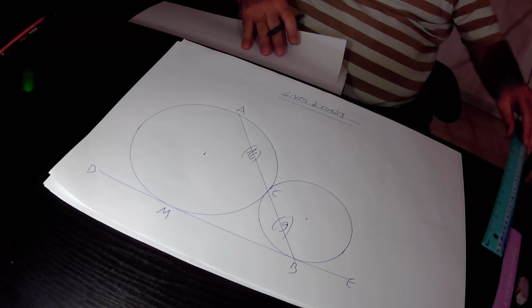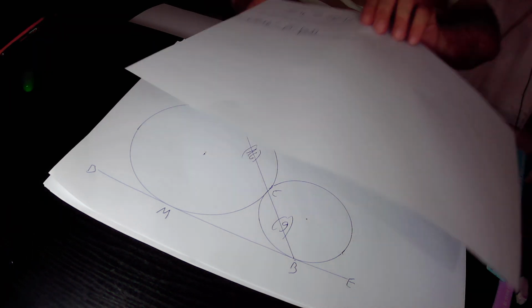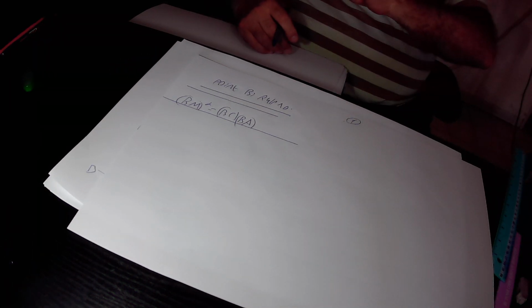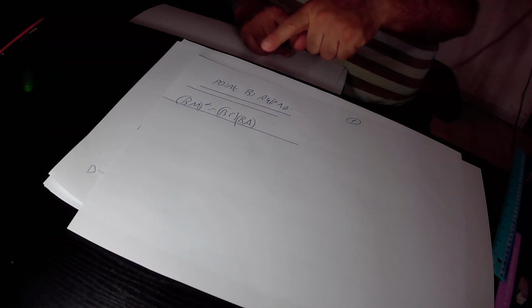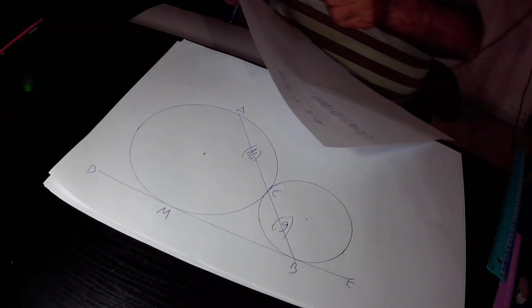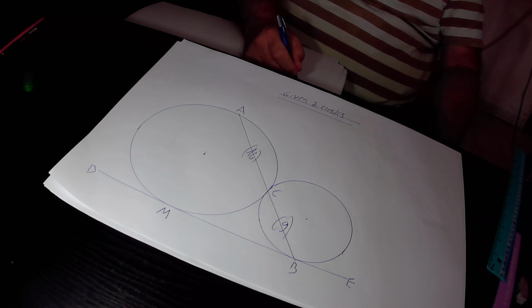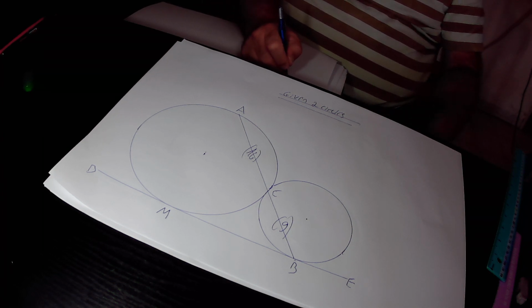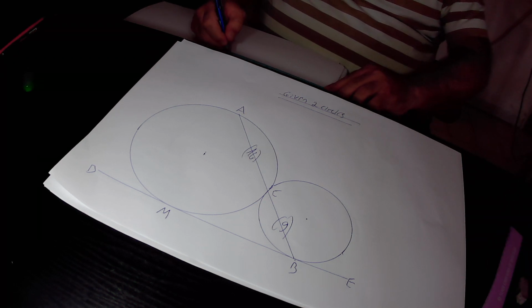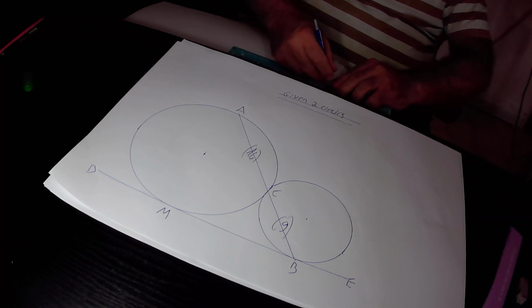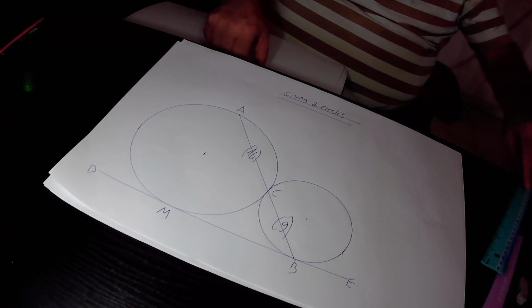Okay, again, according to rule 10, if we focus on the common external point B, the following equation is true, that BM square equals BC times BA. BM is the missing tangent, so we leave it as it is, so it is BM square. That is equal to BC.